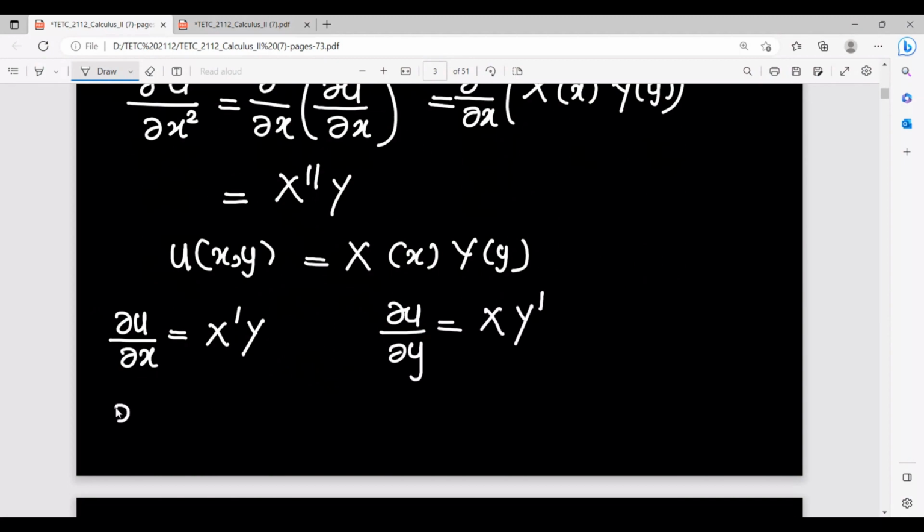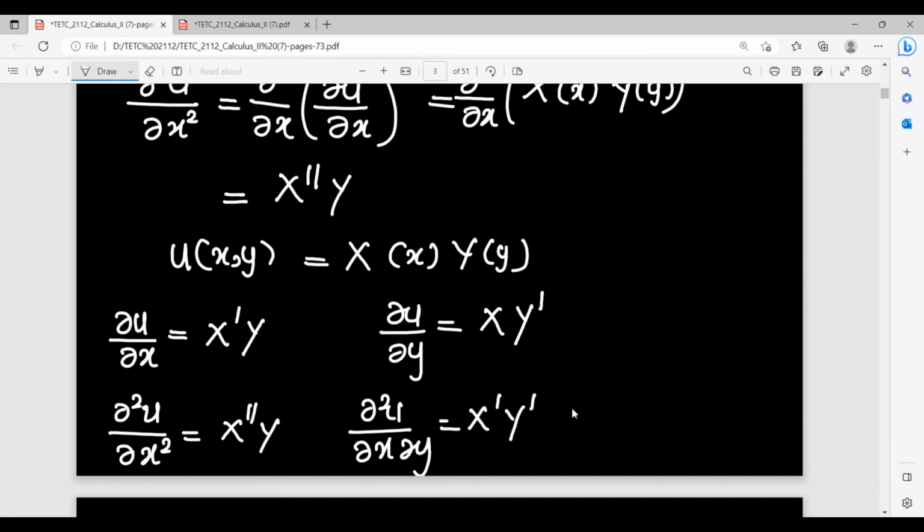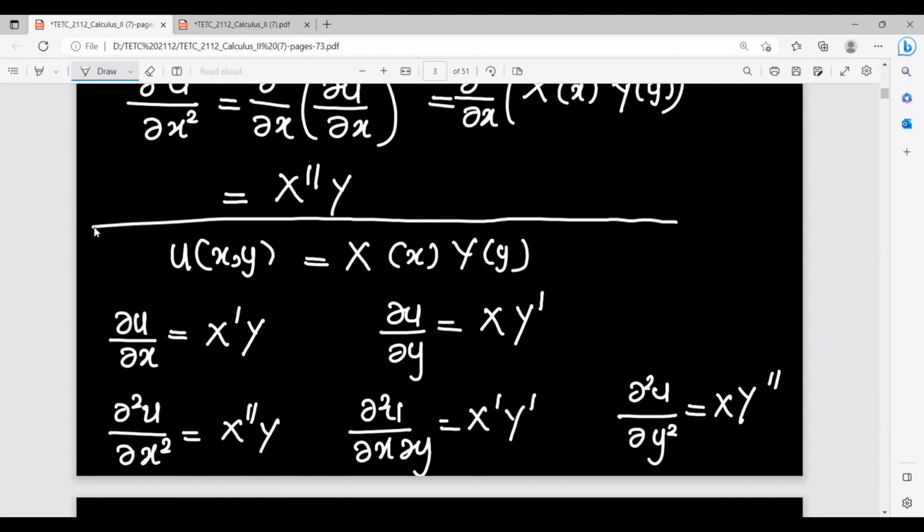And the second order partial derivatives: ∂²u/∂x² equals X''Y, ∂²u/∂x∂y is X'Y', and ∂²u/∂y² equals XY''. So this is a summary of all the observations.